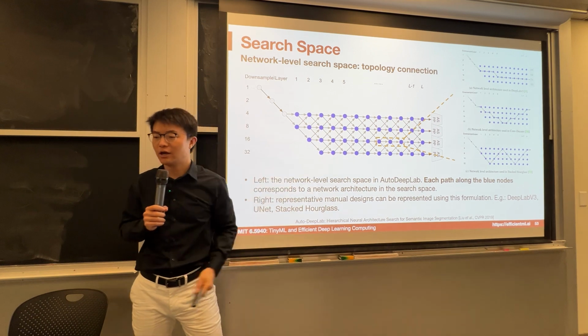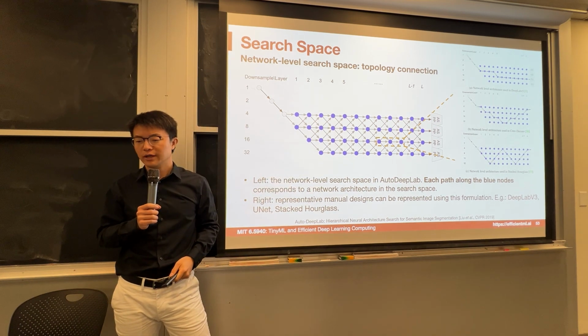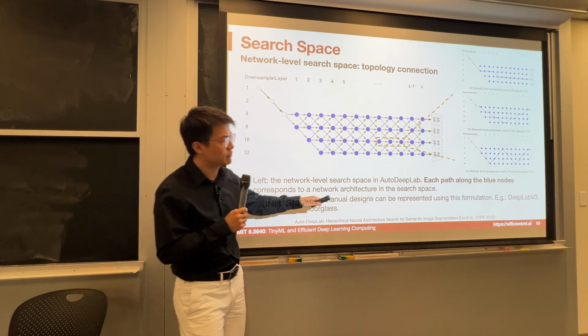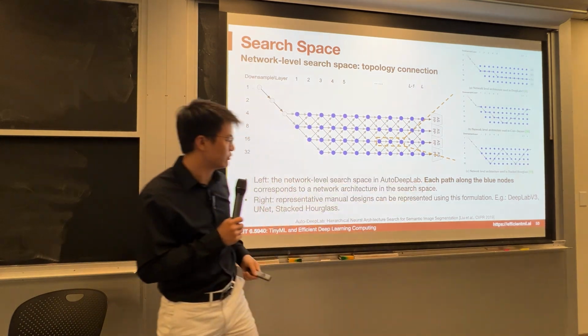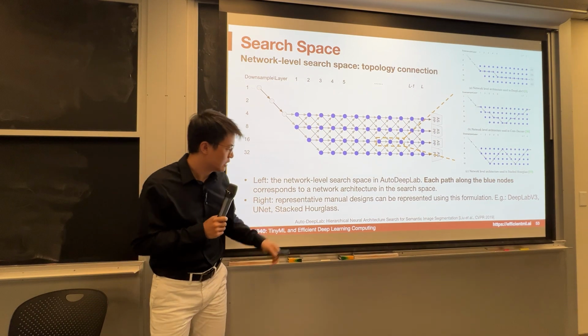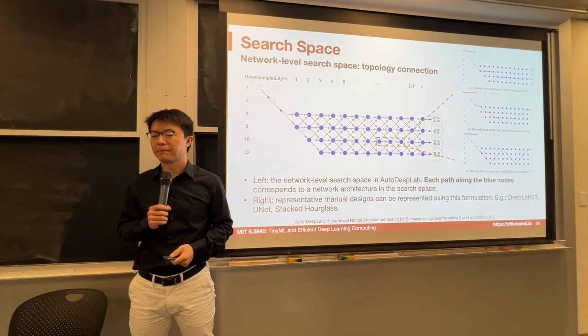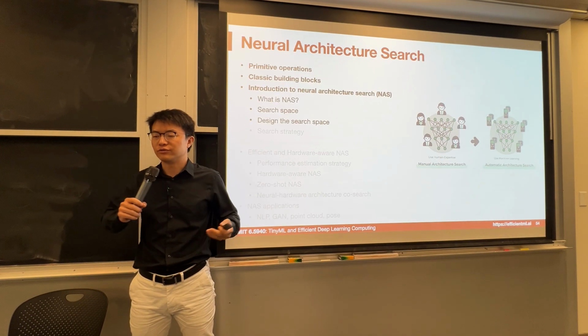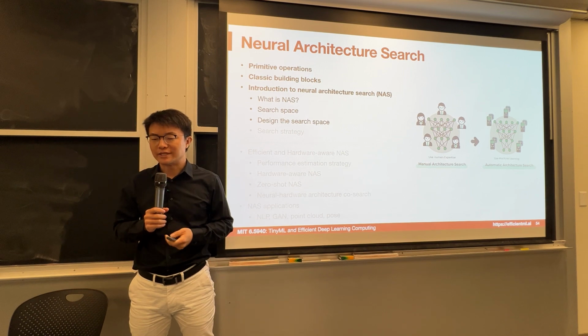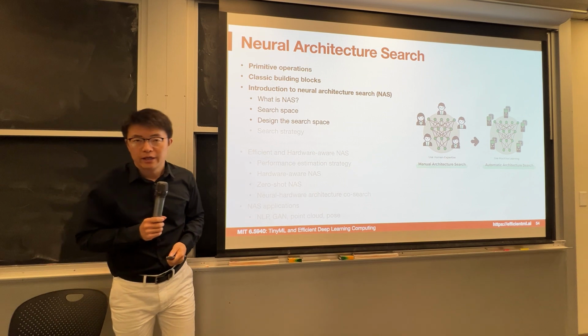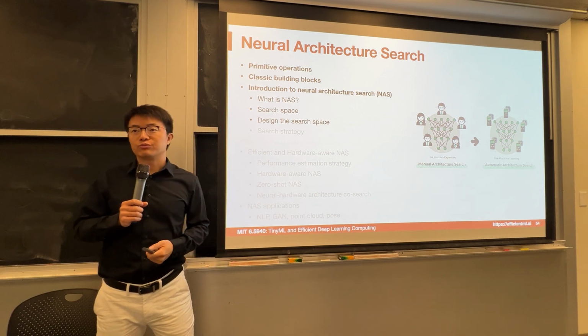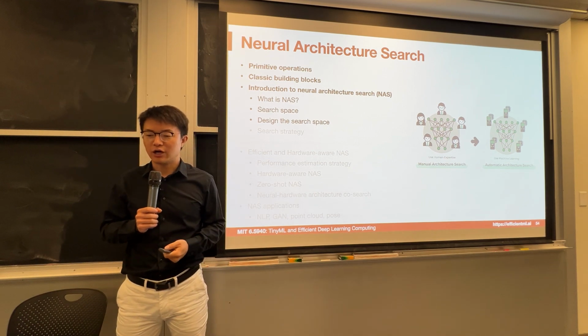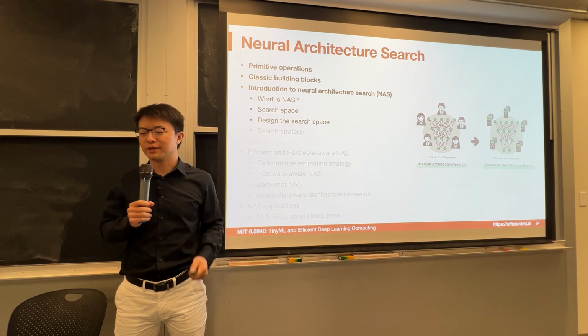On the right-hand side are three possible architectures. And some of them are quite widely used, including DeepLab v3, the UNet, stacked hourglass. So we have different representations, different dimensions to search. And as you can imagine, this is a pretty big search space. We just calculated it's 10 to the power, a pretty big number.